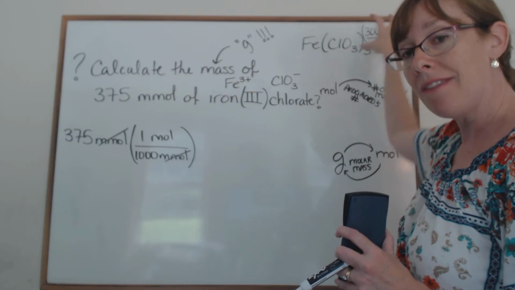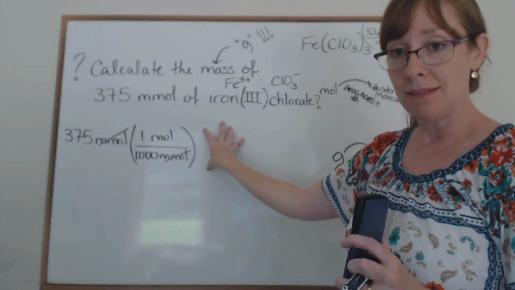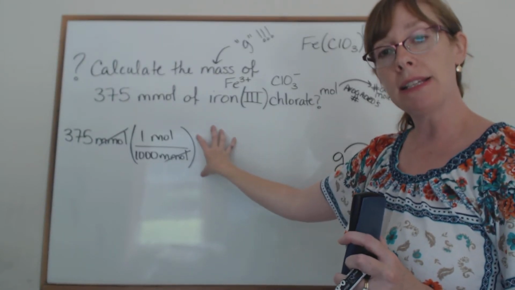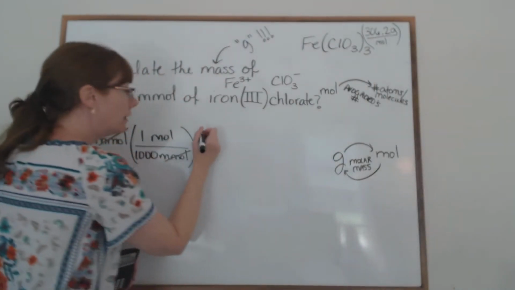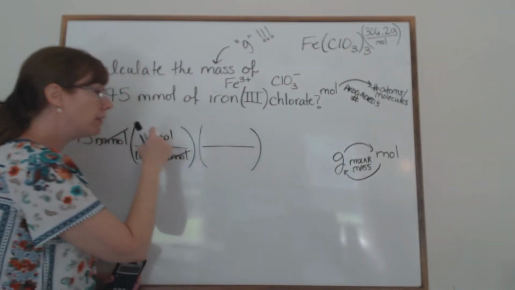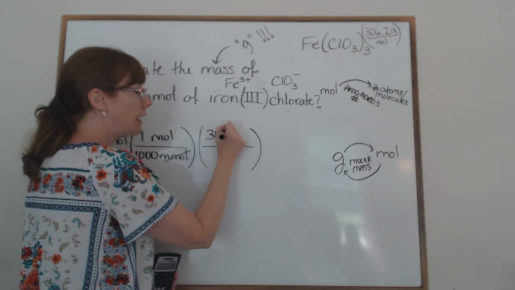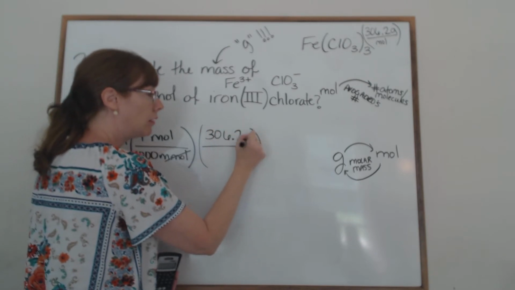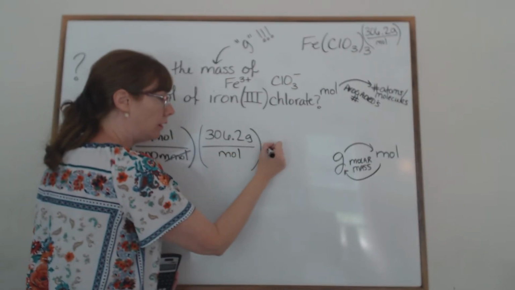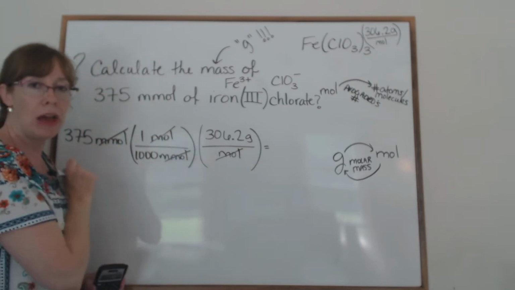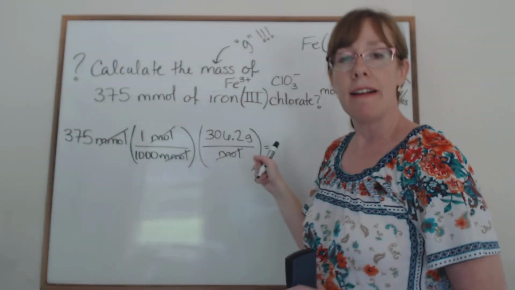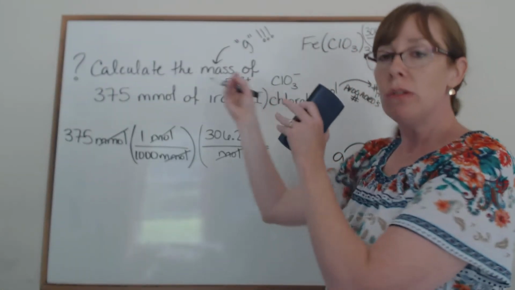Now that you have it, let's use it. Do we use it right side up or upside down? See, this time, because we're going from moles to grams, you're just going to use it right side up. You see how that works? The dimensional analysis, you let the units do the talking.